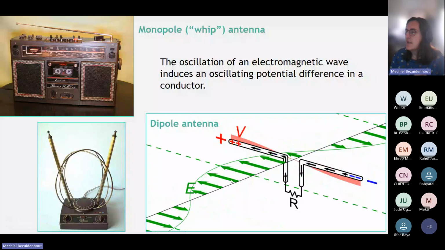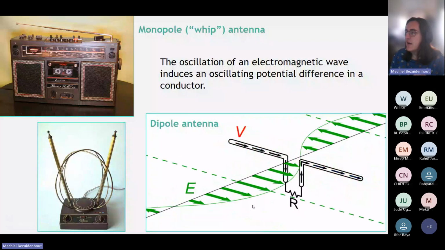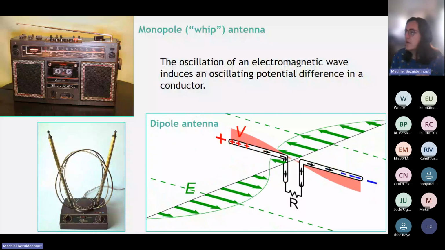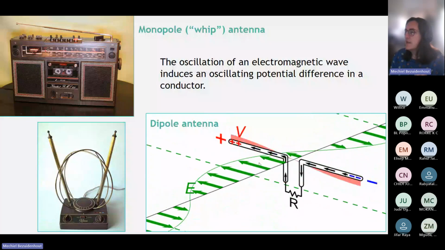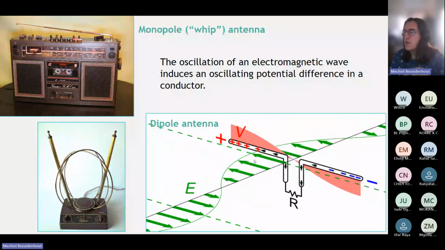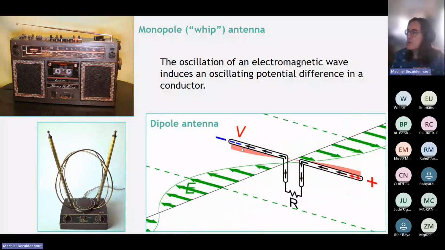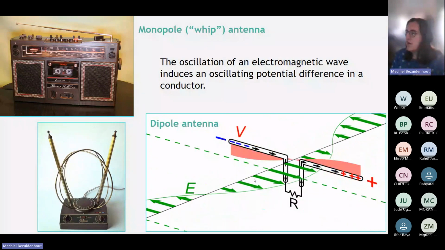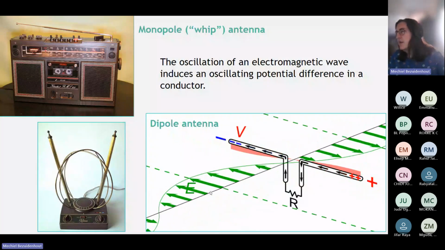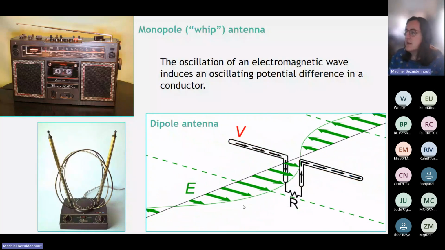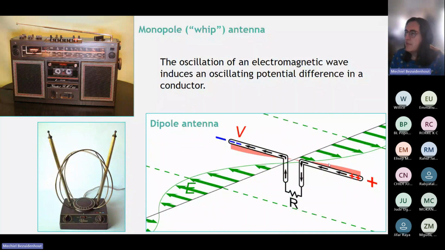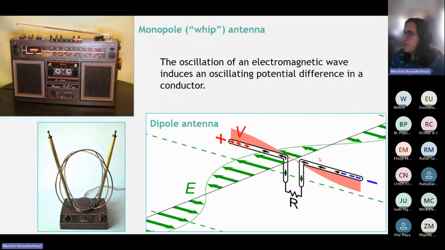And this animation shows you exactly how that antenna is measuring a radio wave. So we have this antenna made up of two poles, a dipole, basically two conducting rods in parallel to one another. And there's an electromagnetic wave incident on that. And the green shows you the amplitude of the electrical field.